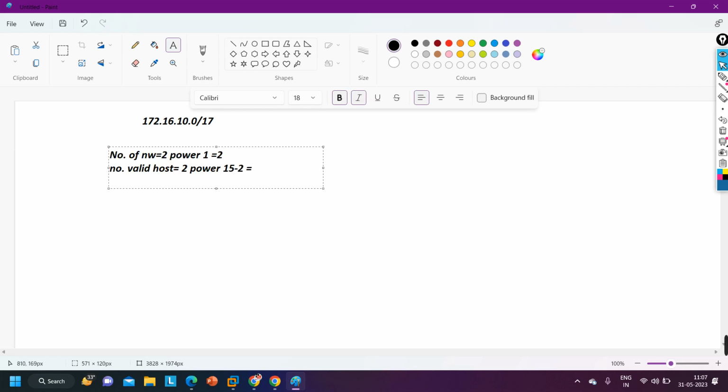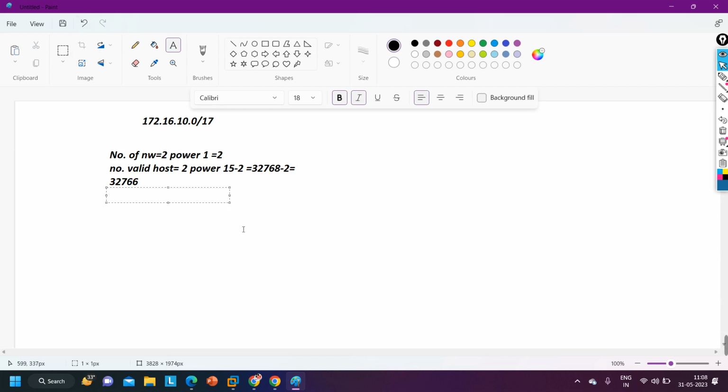Can anyone calculate 2 to the power 15? The answer is 32,768. Minus 2, you will get 32,766 valid hosts.